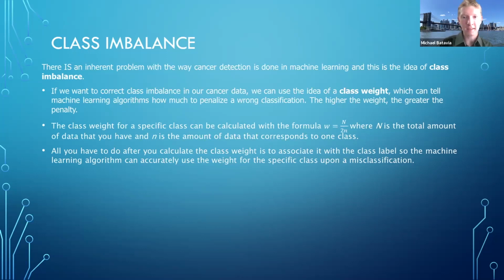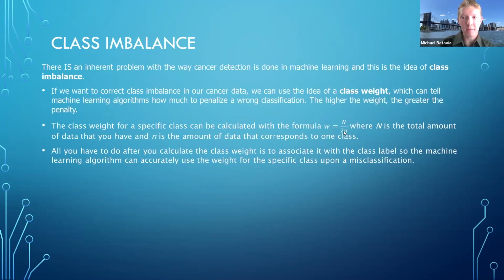And little n is the amount of data that corresponds to your smaller class. So for example, if we had 1,000 images in total and we only had 100 malignant tumor images, then we could just say that W is equal to 1,000 over 200.